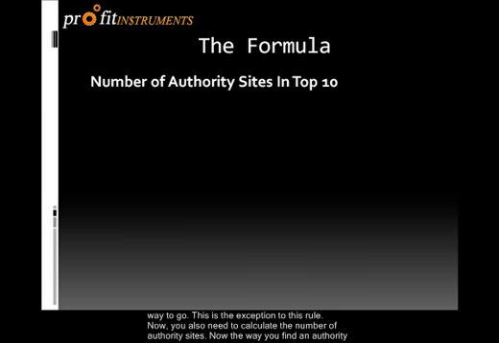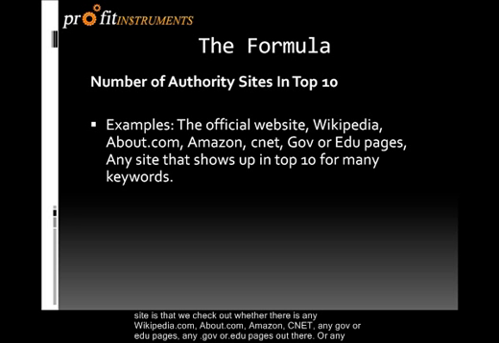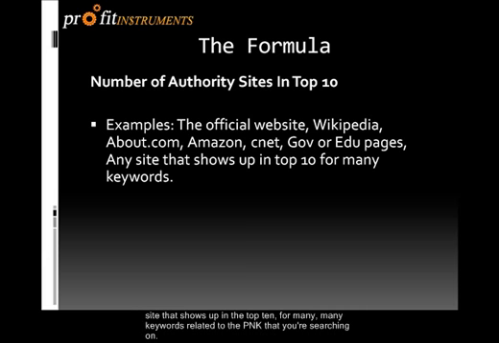Now you also need to calculate the number of authority sites. The way you find out authority sites is that you need to check whether there is any Wikipedia, about.com, Amazon, CNET, any .gov or .edu pages out there, or any site that shows up in the top 10 for many keywords related to the PNK that you're searching around.